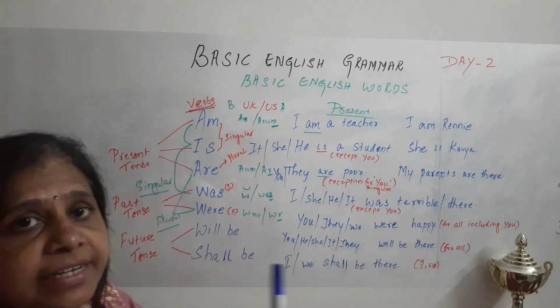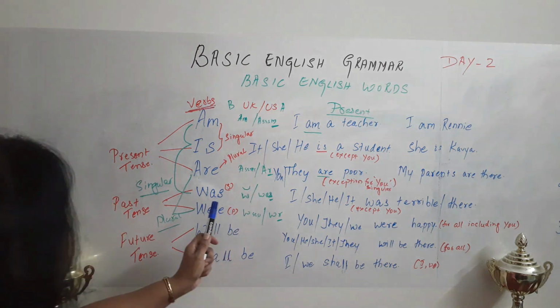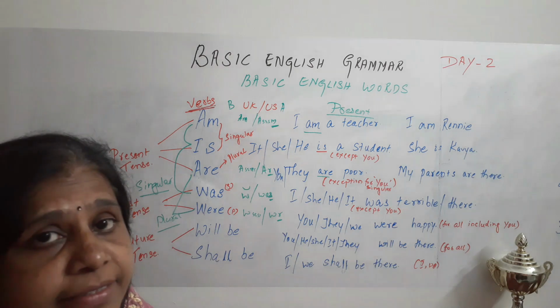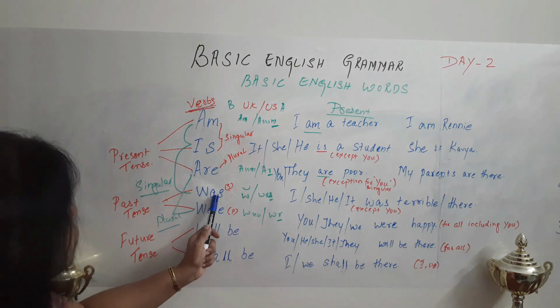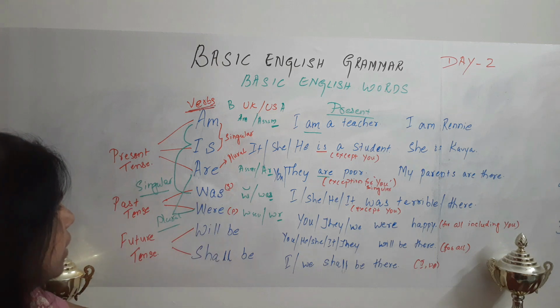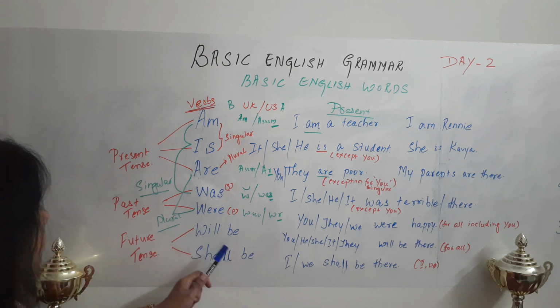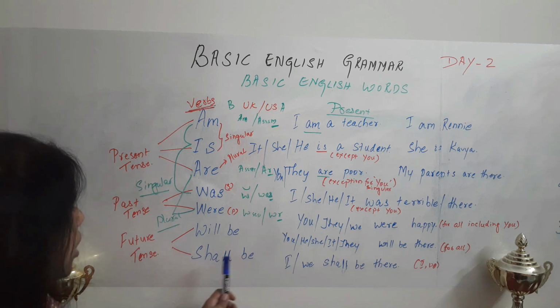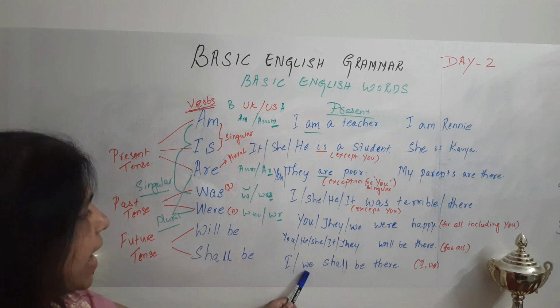For present tense sentences we use these, and "was" and "were" are used for past tense sentences, and "was" is for singular, "were" is for plural, as well as "will be" and "shall be" for future tense. And "shall be" is mostly used for I and we.